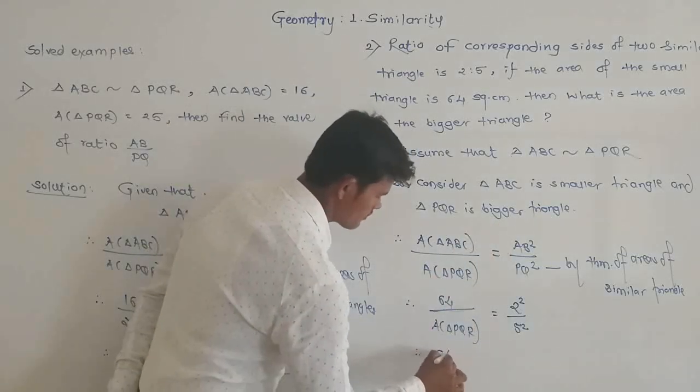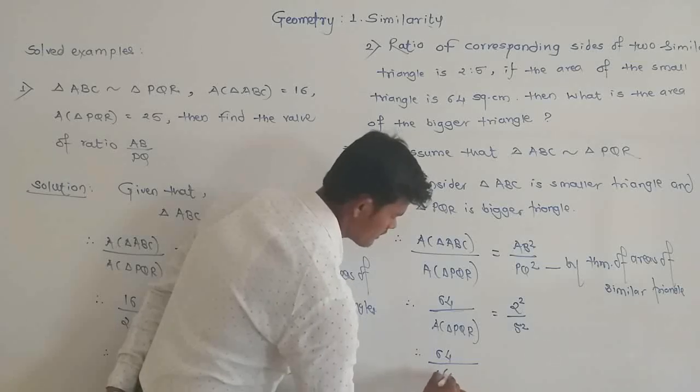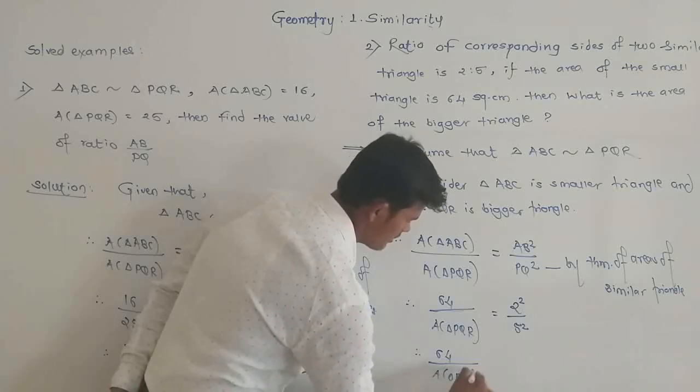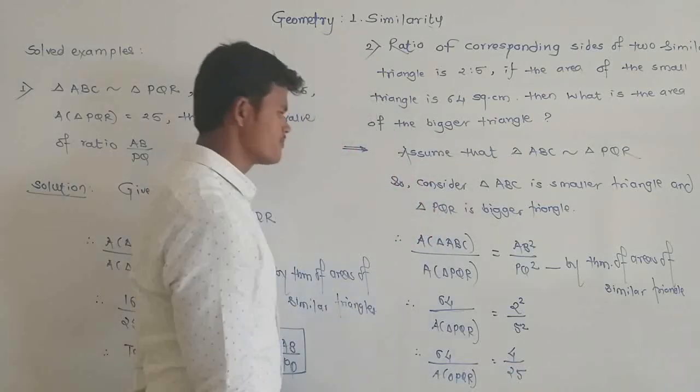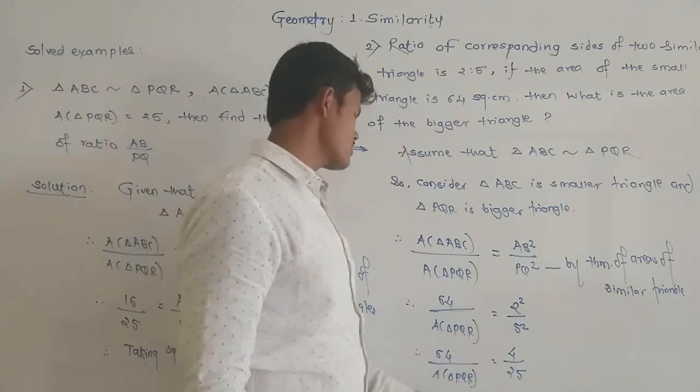So we get 64 upon area of triangle PQR equals 2 square is 4, 5 square is 25. Now perform cross multiplication.